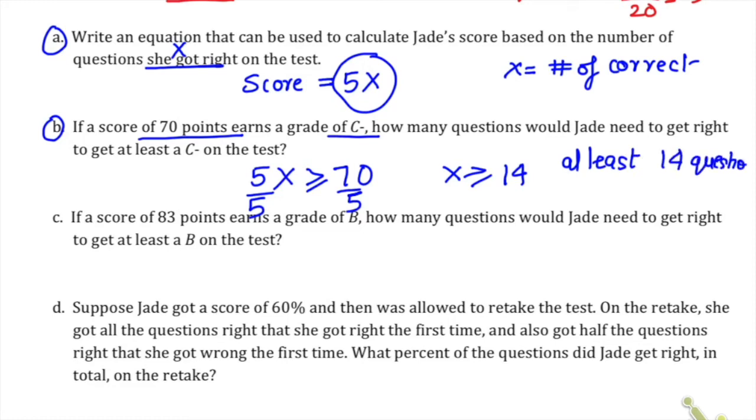Now if I talk about C, if a score of 83 points can earn her a grade of B, how many questions does she need to get right to get a B? Again, the score is 5X, so she needs at least 83 points.